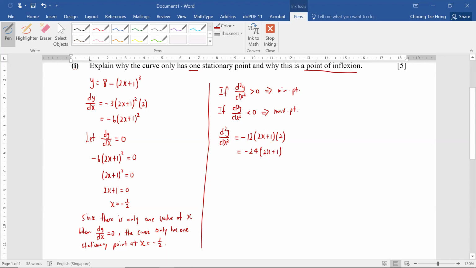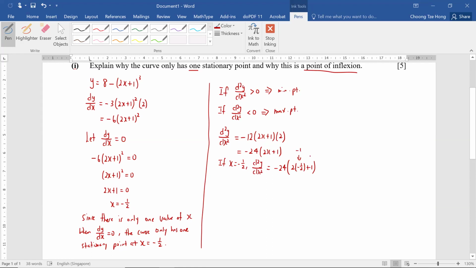Let's try to substitute x equals negative half, and then we see what happens to d2y/dx squared. If x equals negative half, d2y over dx squared will be negative 24 times (2 times minus half plus 1). 2 times minus half will give you negative 1.